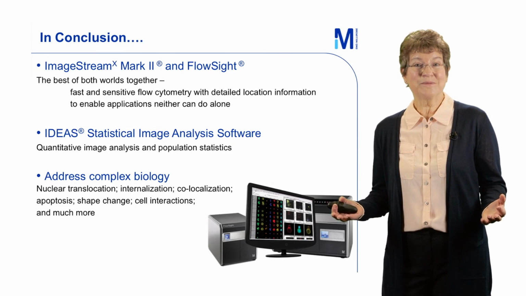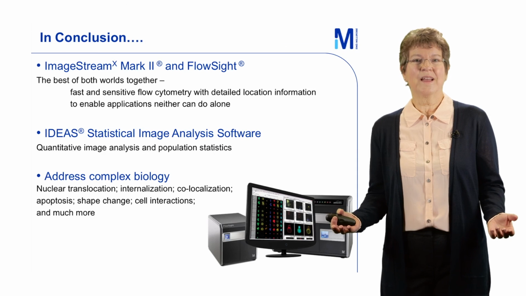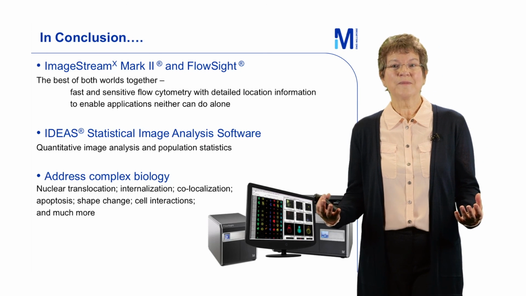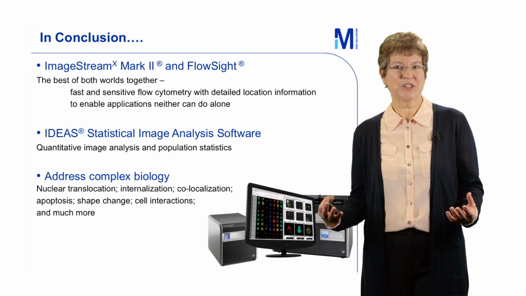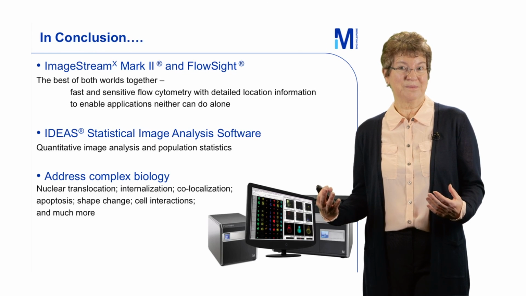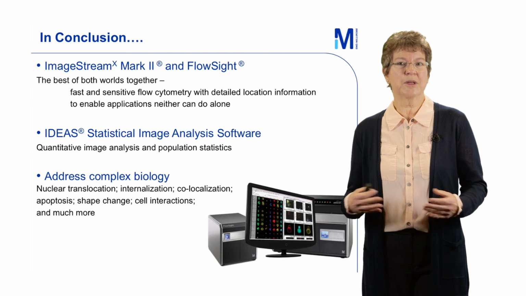So in conclusion, today I told you about the ImageStream X Mark II and the FlowSight. They give you the best of both worlds. Fast, sensitive flow cytometry data with detailed location information of a microscope. This enables applications that neither the flow cytometer or the microscope can do alone.